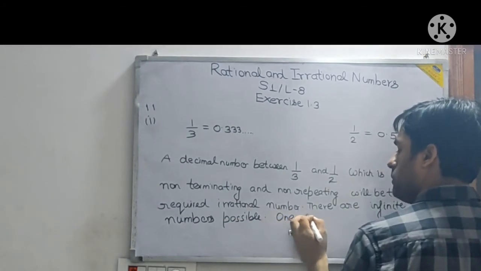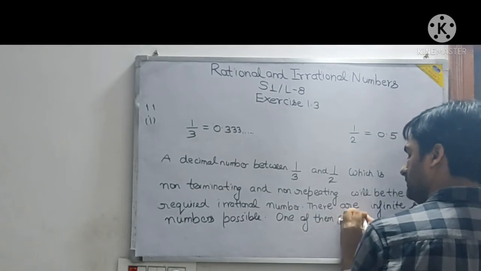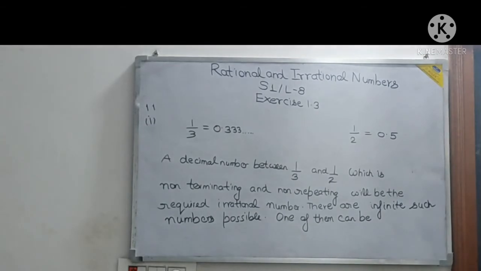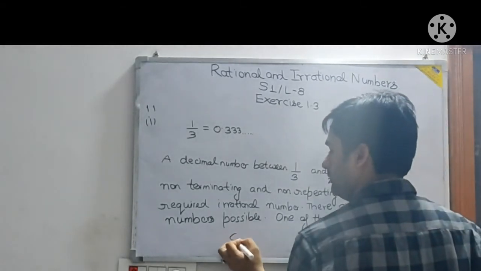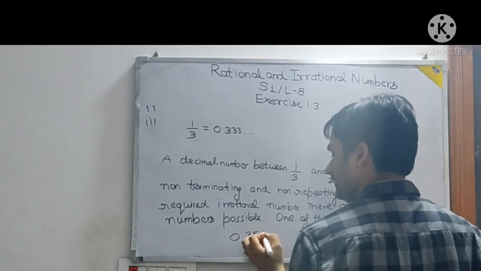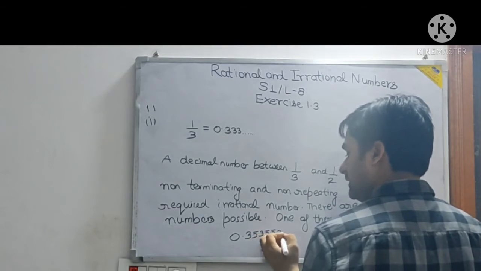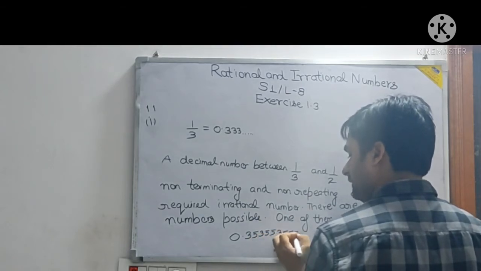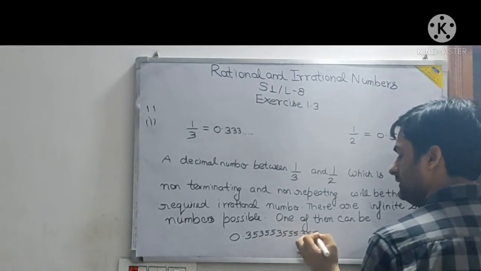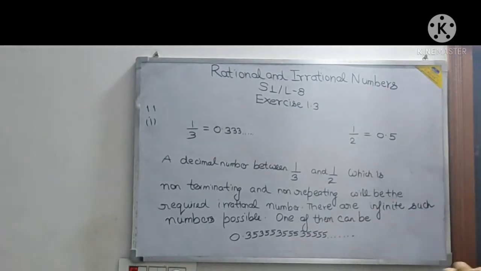One of them can be, now see here, 0.35, okay, then 355, then 3555, then 35555, and so on.